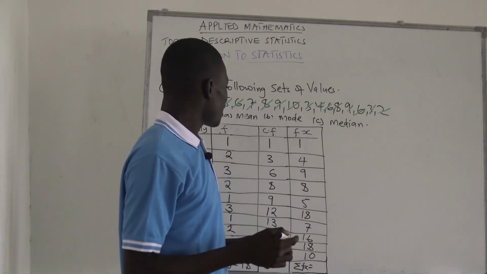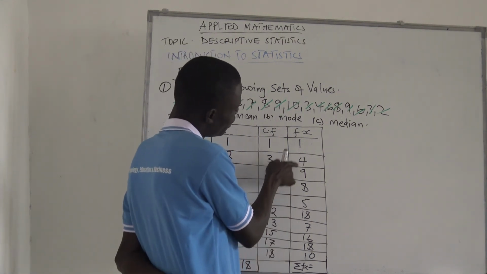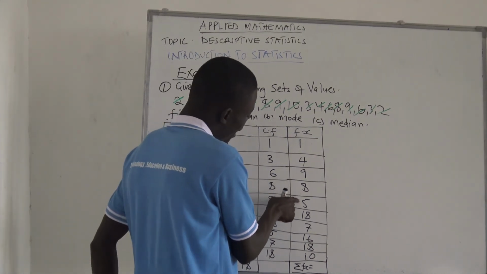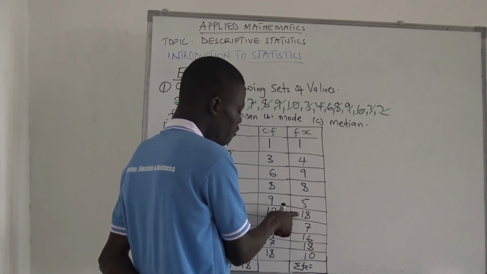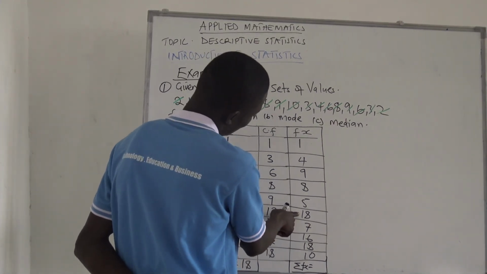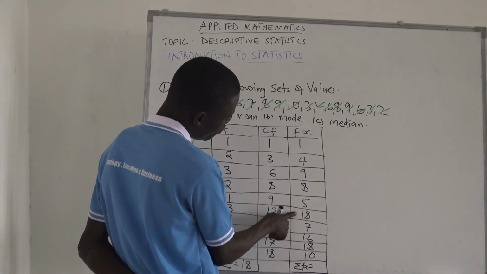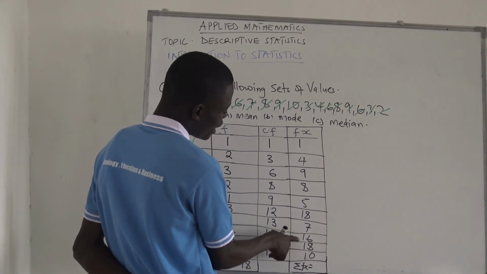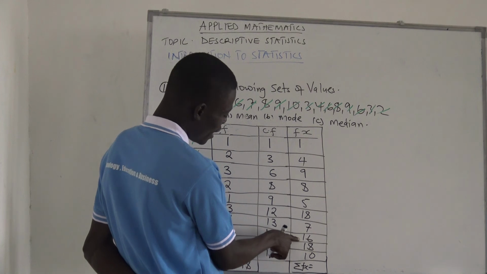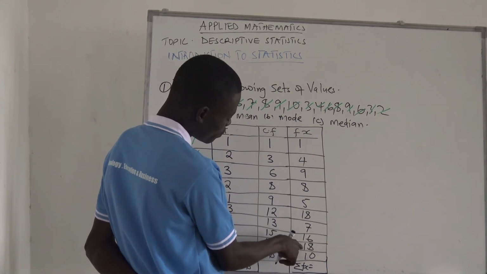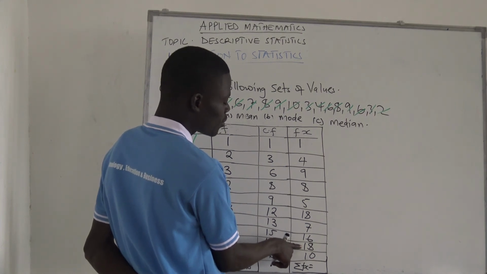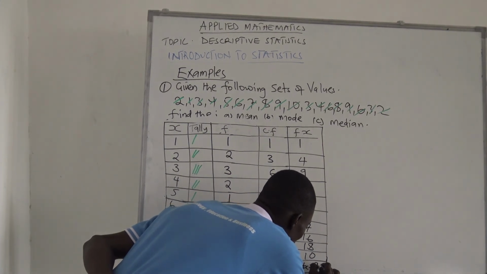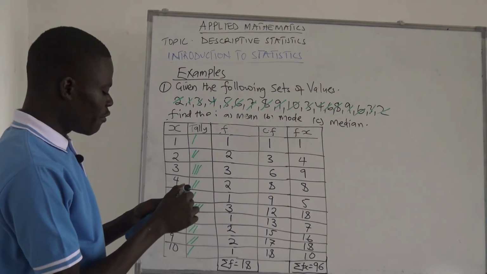The first one is 1 plus 4, 5 plus 9, 14 plus 8, 22 plus 5, 27 plus 18 we get 45. 45 plus 7 we get 52. 52 plus 16 we get 68. 68 plus 18 we get 86. 86 plus 10 we get 96. So we have finished our values.